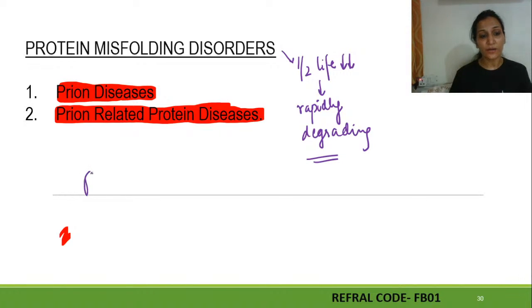Now, what are prions? Because both of these are prion diseases or prion related protein diseases. So what are these prions?